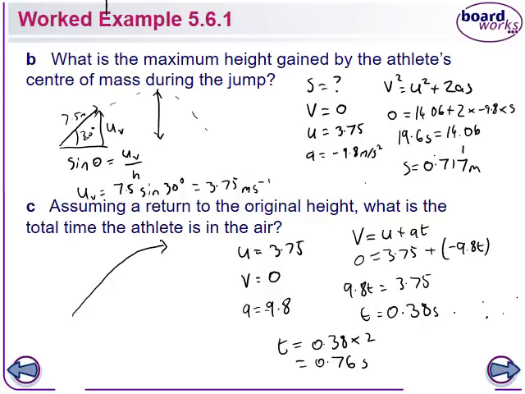If you're doing a long jump, do you reckon it sounds reasonable that you get three-quarters of a metre off the ground? Sounds reasonable to me. Does it sound reasonable you'd be in the air for three-quarters of a second? Yeah, sounds reasonable. If you get 5 seconds here, you know something's probably gone wrong. That's the common sense test. Read your answer and just make sure that it seems logical.